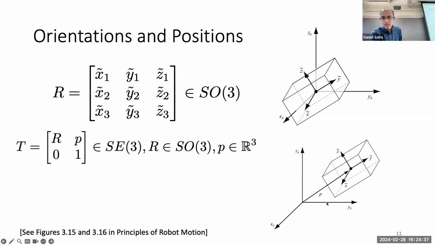That position is a vector that points from the space frame to the origin of the new frame, the body frame, and that's where the body frame starts. Here the space frame coincides with the body frame, but in the bottom one it doesn't.